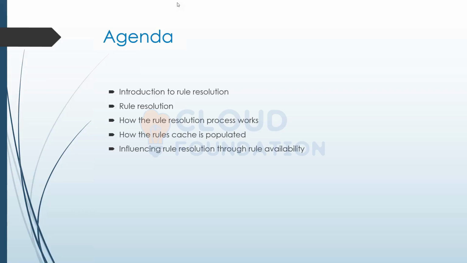How is the system identifying which one to pick under which context? It's not just randomly picking anything. No, there's an entire algorithm that runs in the backend. This algorithm of identifying the most appropriate rule for any given instance or for any given situation is called rule resolution.